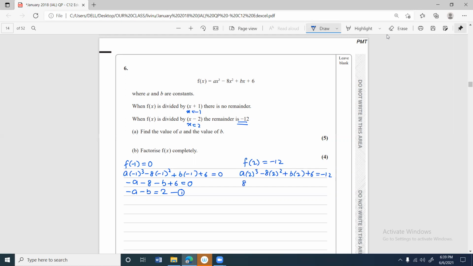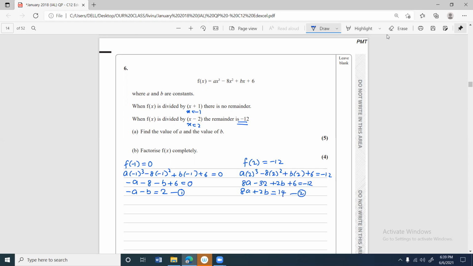It turns out to be 8a minus 32 plus 2b plus 6 equals minus 12. So 8a plus 2b equals minus 32 plus 6, which is minus 26. Bringing minus 26 to the other side, it becomes plus 26, and the answer is 14.